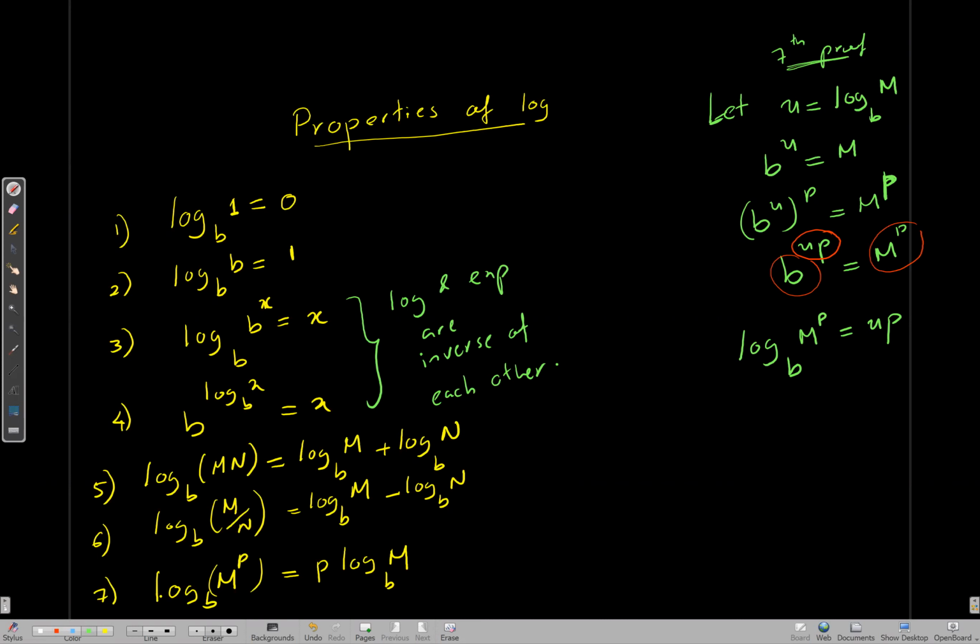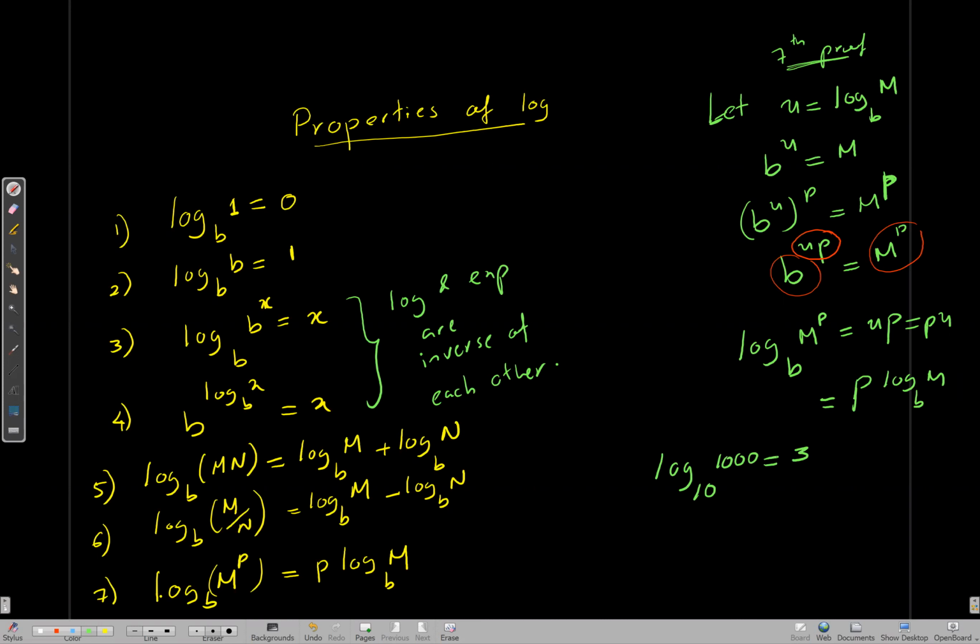And now we know u is log base b of m. So I can rearrange up as p times log base b of m. See, it's been proved. Now let me give you an example of this. You don't need to remember the proof, but the proof is easy. Let's say log base 10 of 1000. You know this is 3, right?